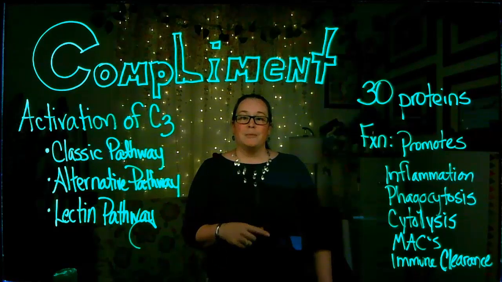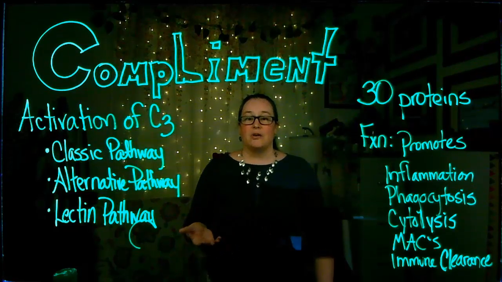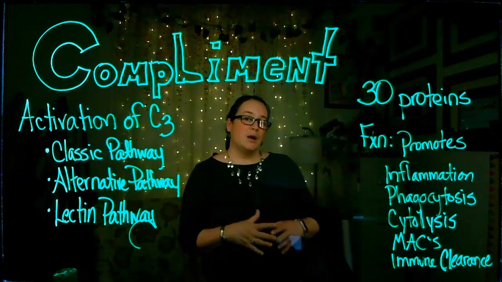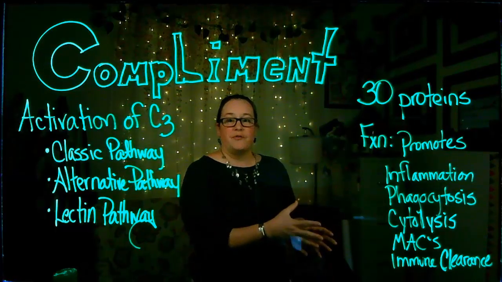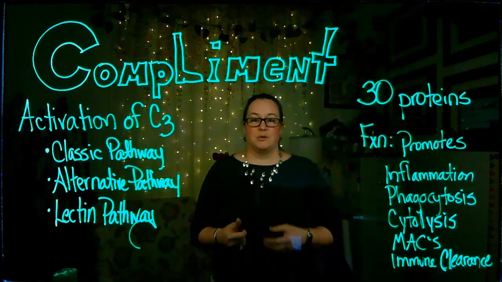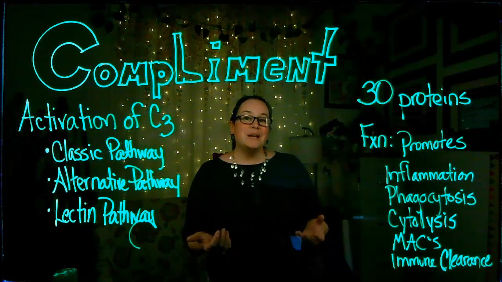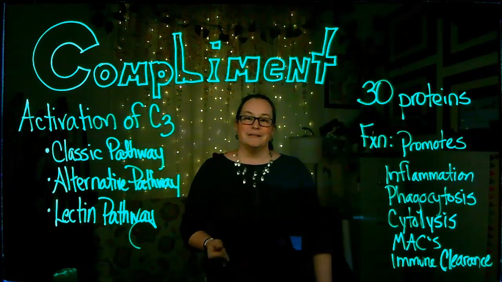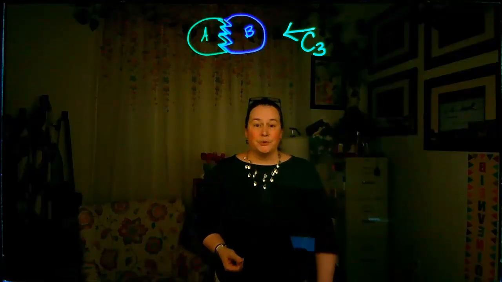So let's take a moment to break down the processes that are occurring with complement 3 once it is activated and what kind of effects it has to be able to promote the functions of inflammation, phagocytosis, cytolysis, membrane attack complexes known as MACs, and also immune clearance. Allow me to introduce you to complement 3.